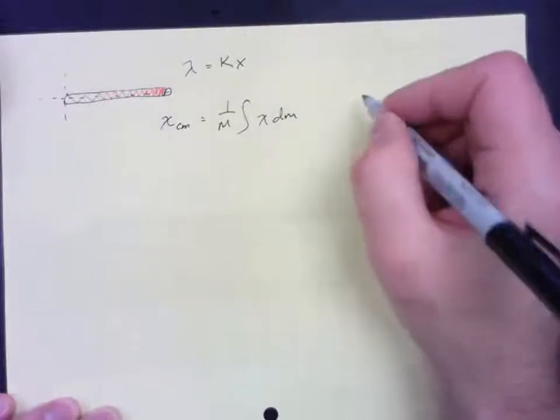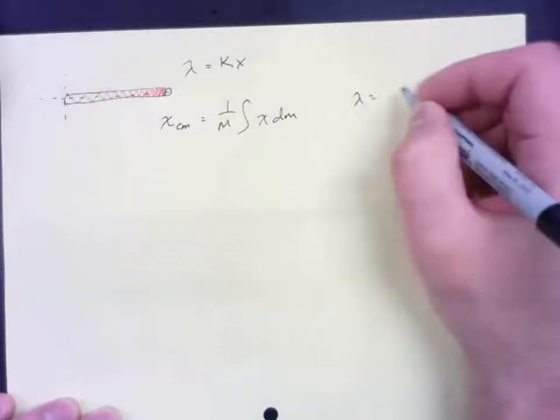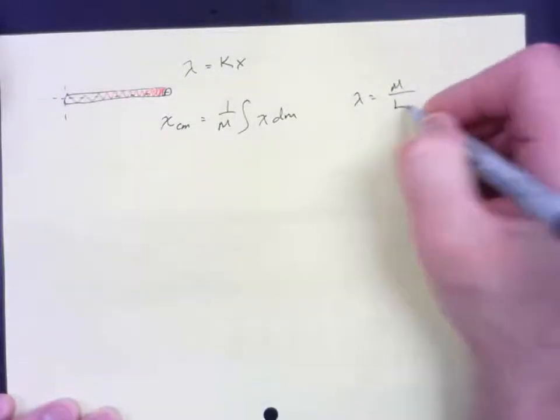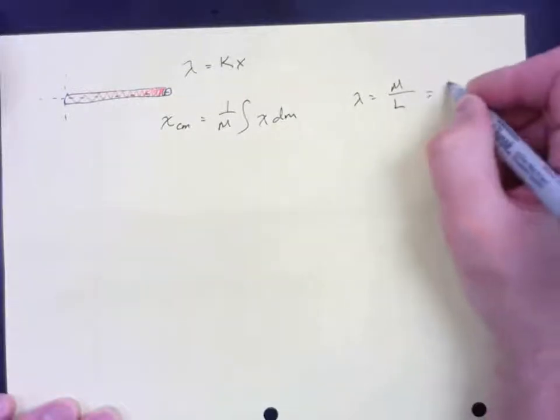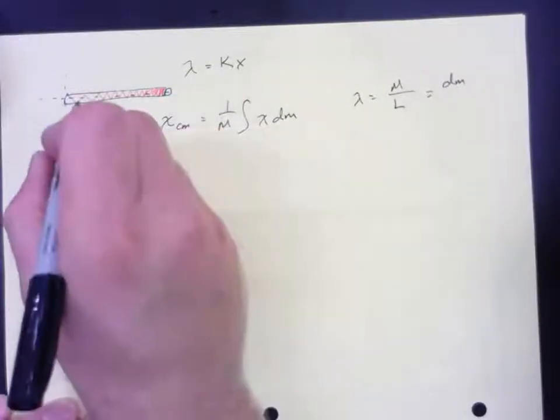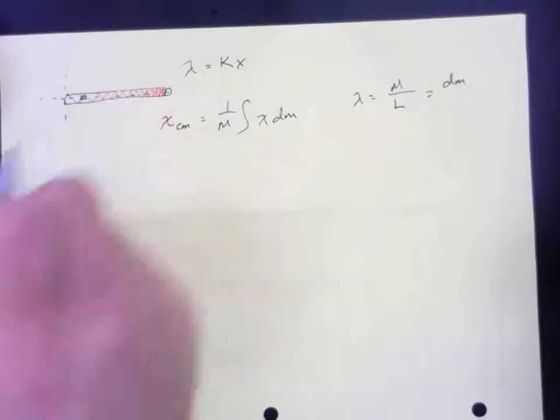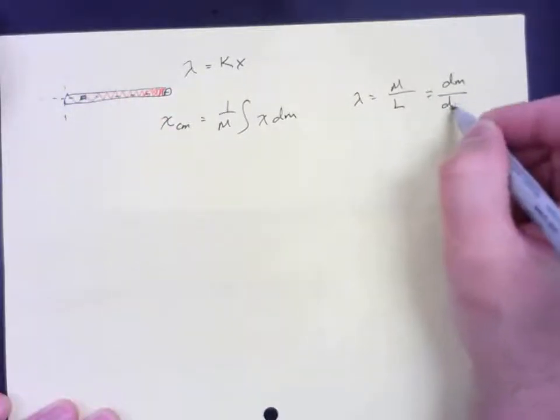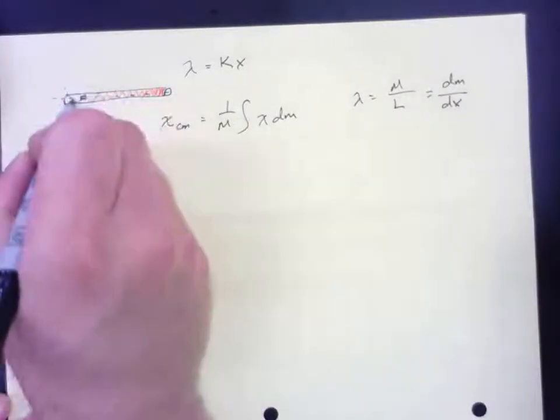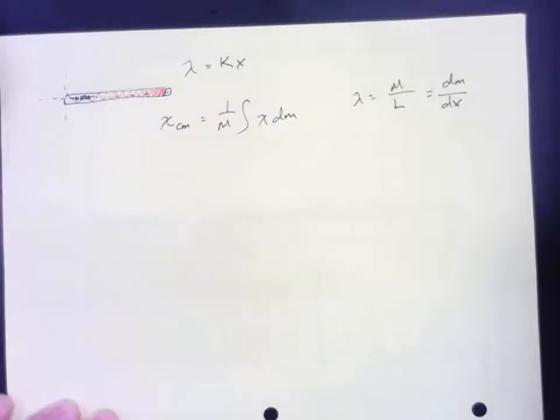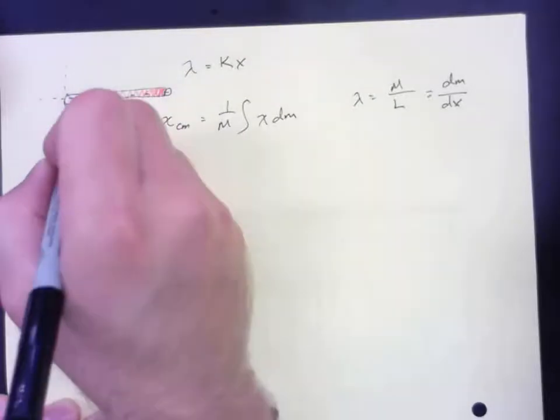And what we know about linear density is it is the mass divided by the length. And for this problem, any small little packet of mass over any small change in that length. All right.